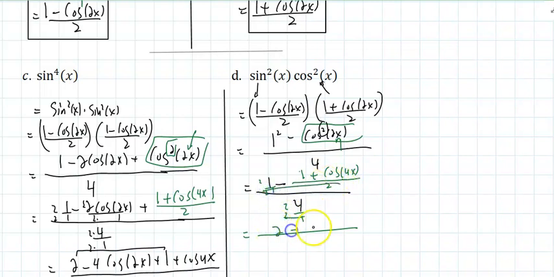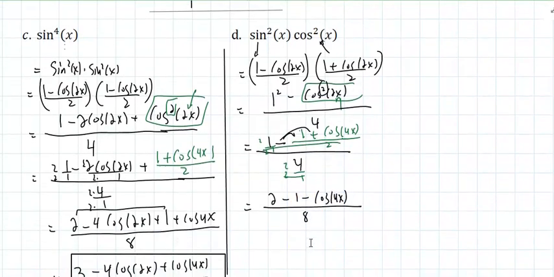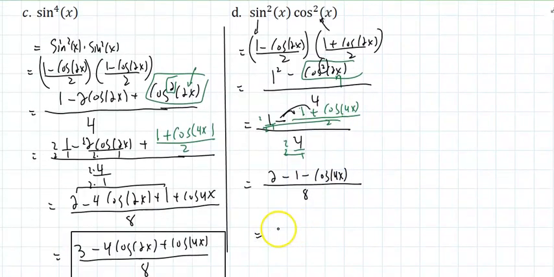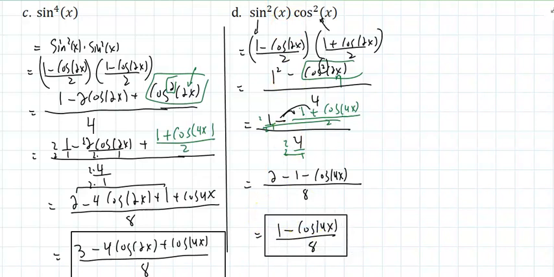That will be 2 minus 1, oops, distribute the negative, minus the cosine of 4x divided by 8. And if I combine like terms, that is 1 minus the cosine of 4x all over 8. And that would be my final answer.